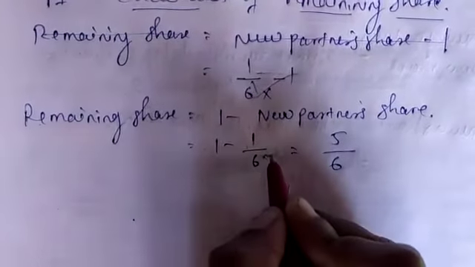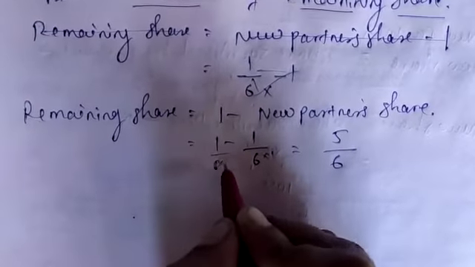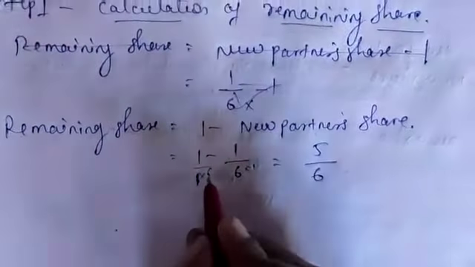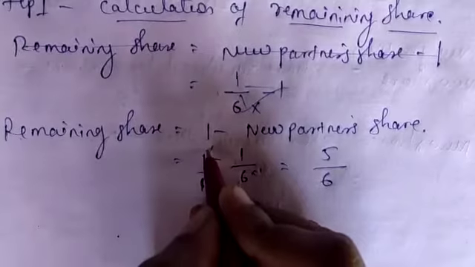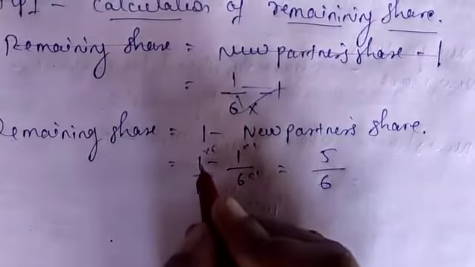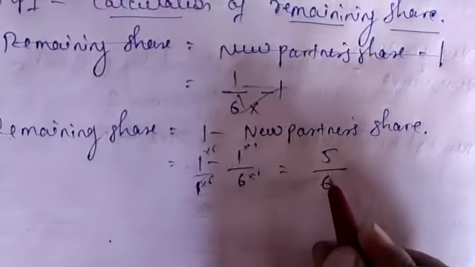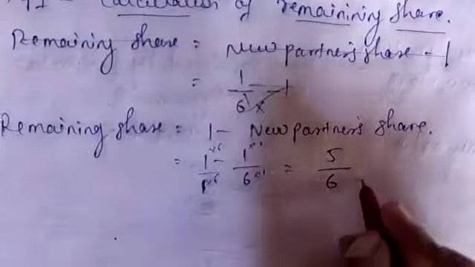Here also multiply 1 by 6, so 6 is common, and here multiply 1/6 by 1. So 6 ones are 6, 1 one is 1. 6 minus 1 is 5. So directly it becomes 5 divided by 6. This is the remaining share.